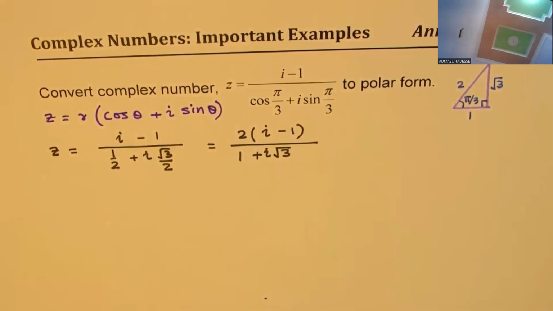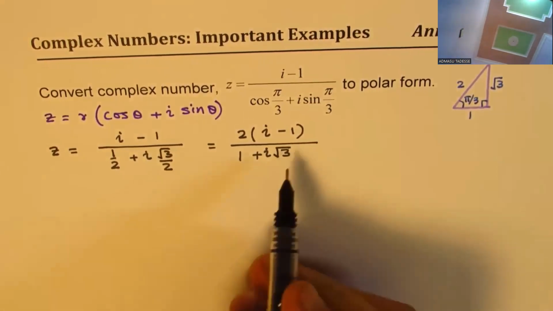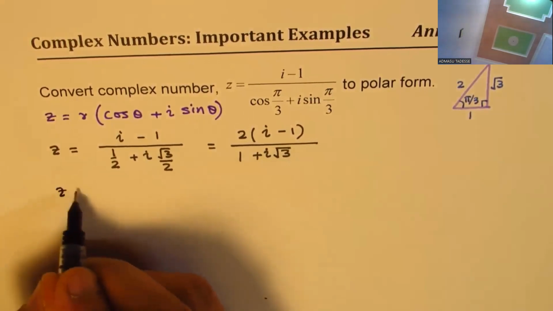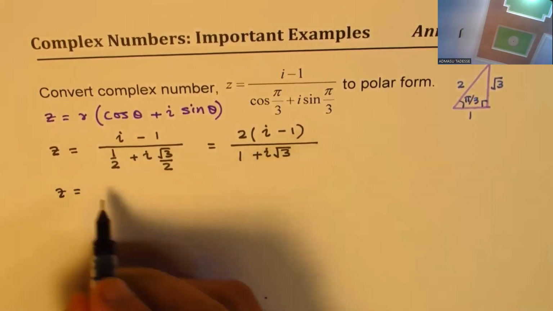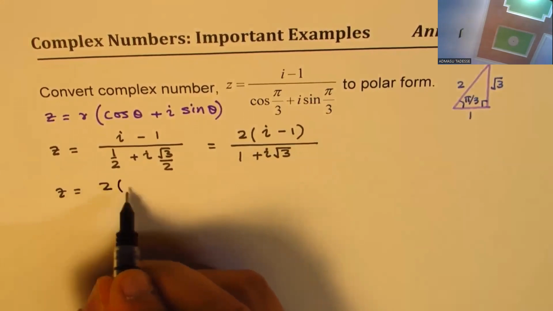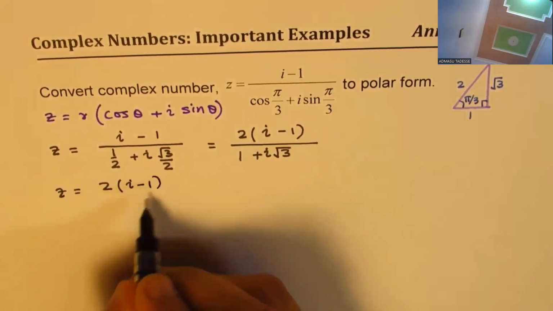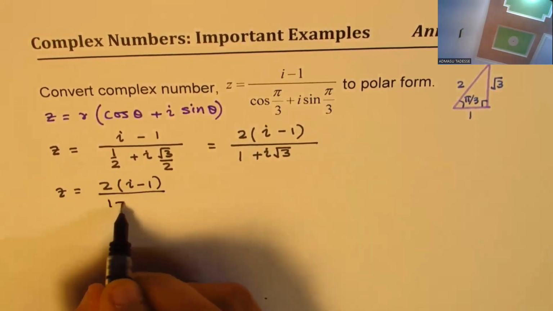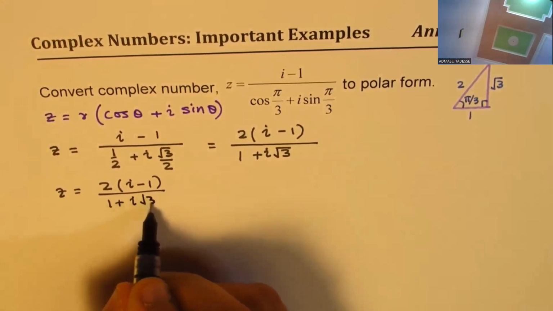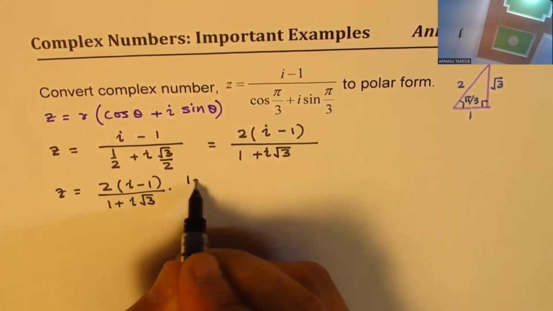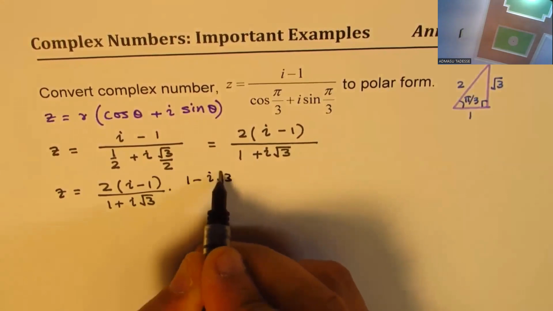Now to simplify, we should find the complex number by multiplying by the conjugate. So we get 2(i minus 1) over (1 plus i square root 3). Multiply and divide by (1 minus i square root 3).